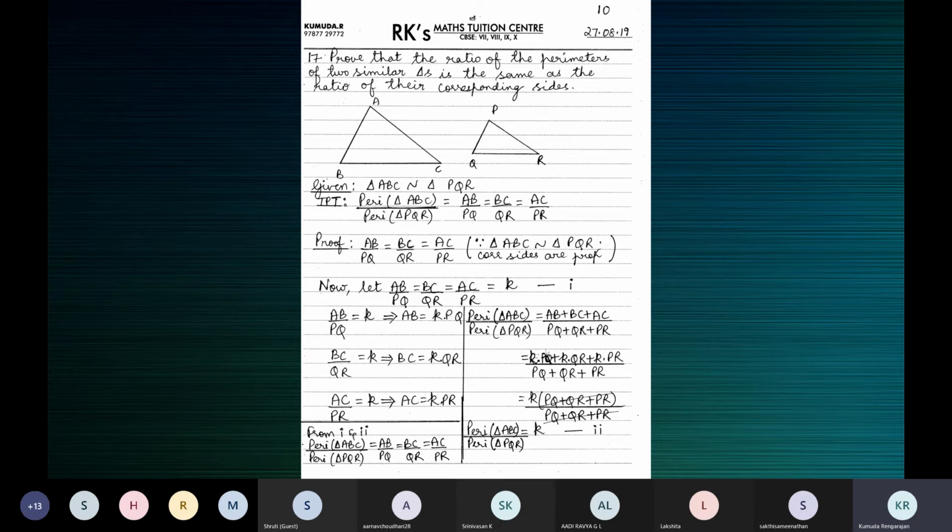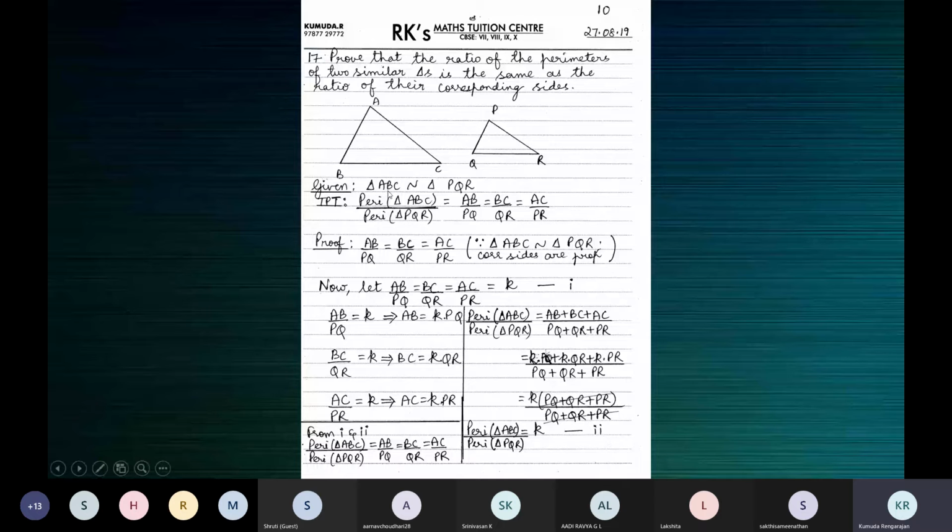In all the results we have the ratio of corresponding sides equal to something: the ratio of the corresponding medians, again the ratio of corresponding sides equal to some other ratio, the ratio of corresponding altitudes. So everywhere it is the ratio of the corresponding sides. That means all the ratios will be the same. That means in two similar triangles, the ratio of the corresponding medians will be the same as the ratio of the corresponding perimeters. Think about that.